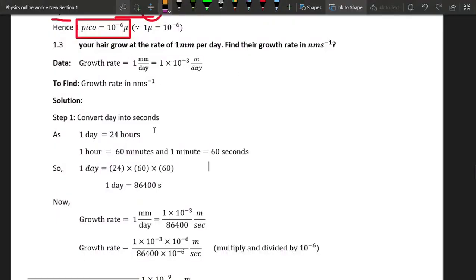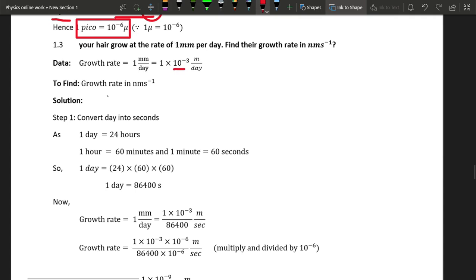Okay, question number 1.3 is, your hair grows at a rate of 1 millimeter per day, find the growth rate in nanometer per second. So given is growth rate which is 1 millimeter per day, or we can write 1 into 10 raised to power minus 3, because 1 milli is 10 raised to power minus 3, meter per day.